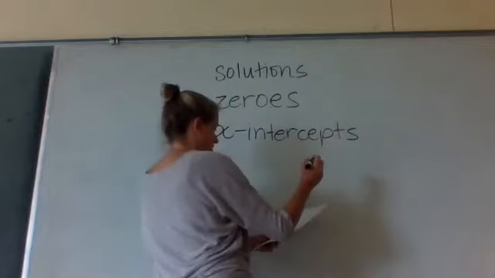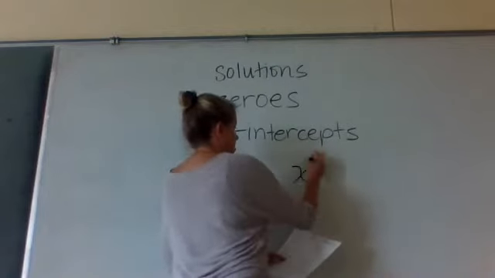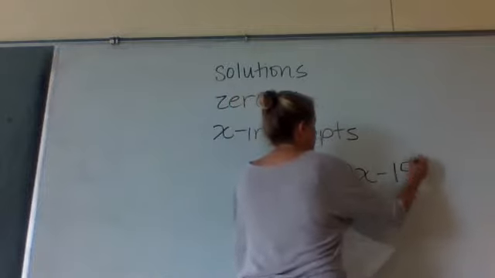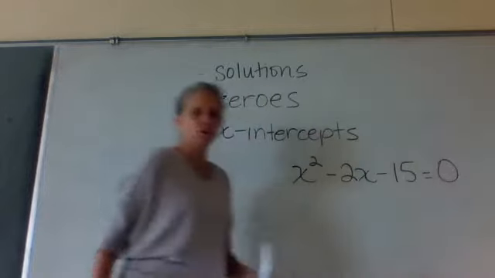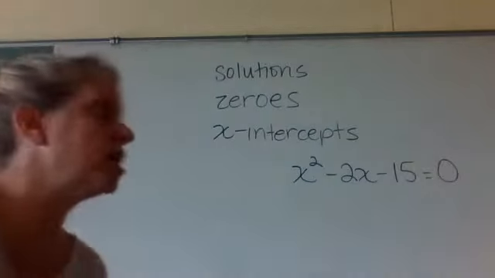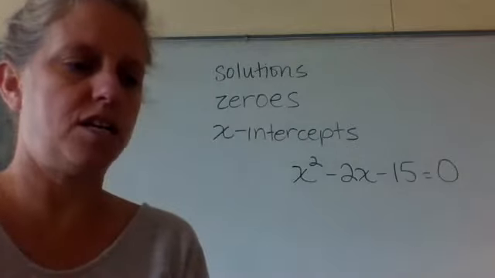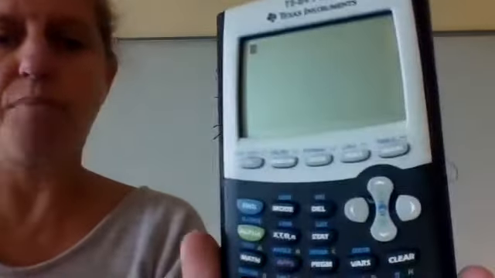The function is x squared minus 2x minus 15 equals 0. I could solve that by factoring or by the quadratic formula. Let's just use our quad program.